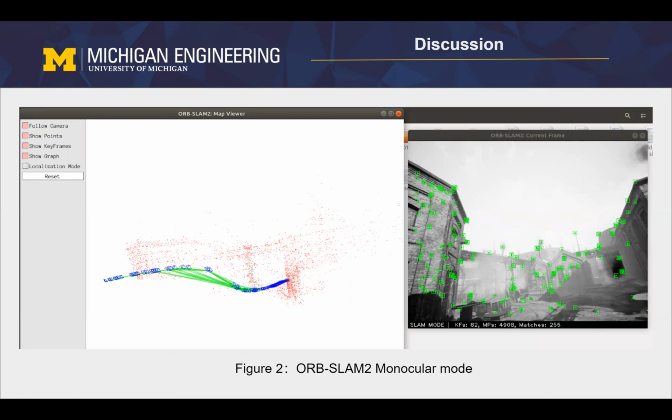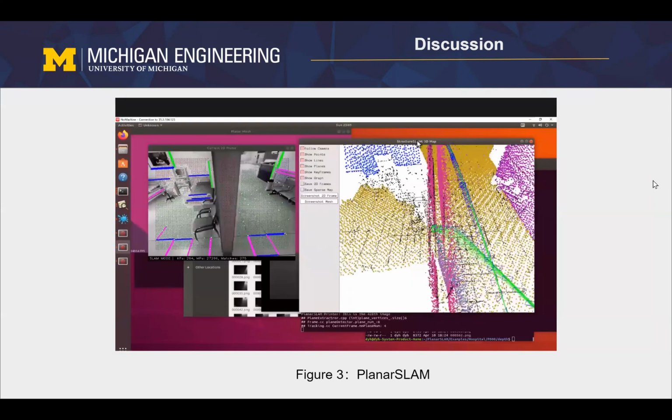The built map point cloud is sparse and is very sensitive to dynamic objects, so it's quite easy to lose track. As for our proposed PlanarSLAM, it's easy to find out that the algorithm extractor achieves an excellent performance on points, lines, as well as planes.